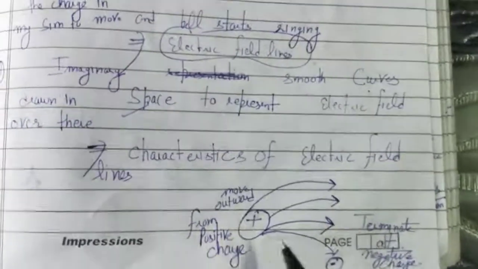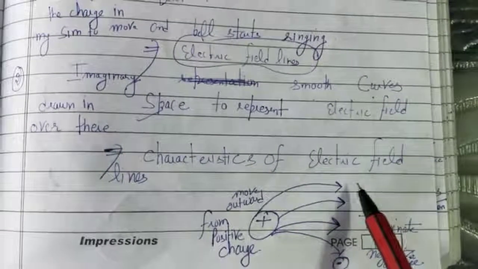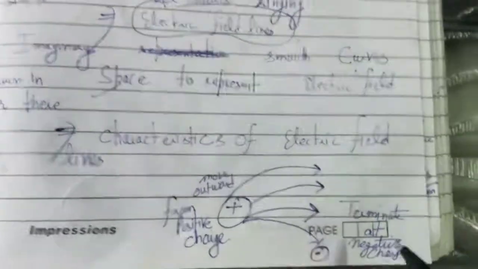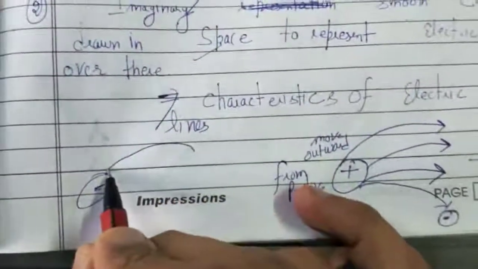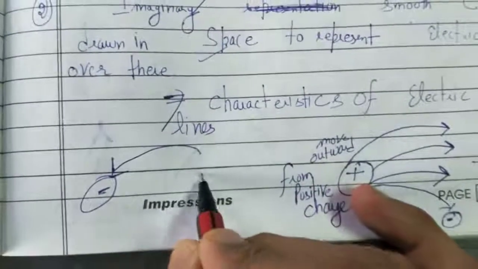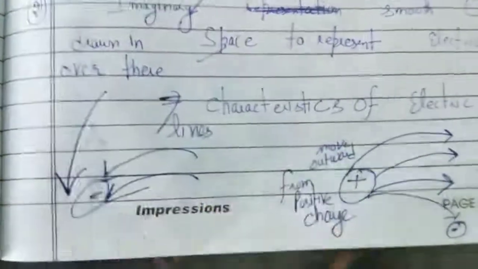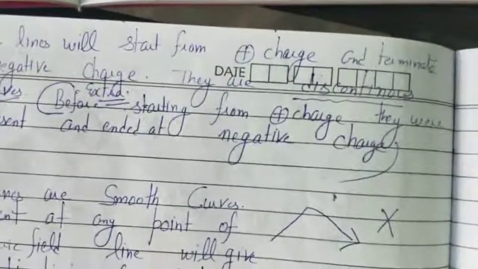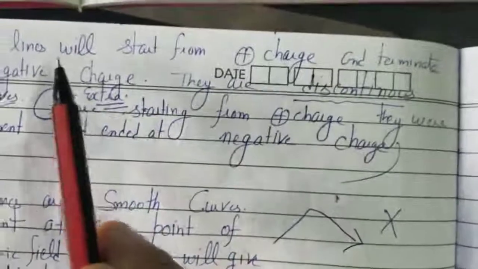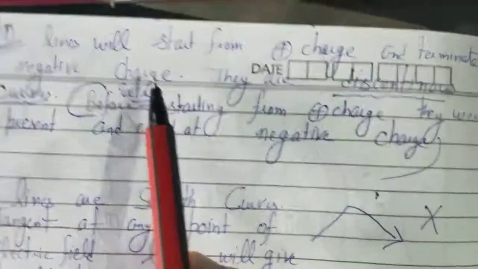You are seeing here a positive charge, so from the positive charge they are moving outward. And if there is a negative charge, they will terminate at the negative charge like this. So note down the first characteristic of electric field lines. Electric field lines start from the positive charge and terminate at the negative charge.